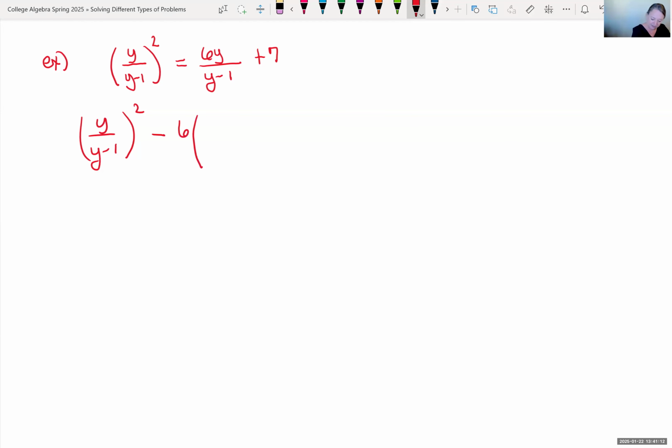That's the same thing as negative 6 times y all over y minus 1. Subtracting 7 to get it to the other side, and now we have it set equal to 0. Factoring out that 6 from the numerator and putting it in front of the fraction shows you that we can manipulate this to be quadratic by letting u equal this y all over y minus 1.